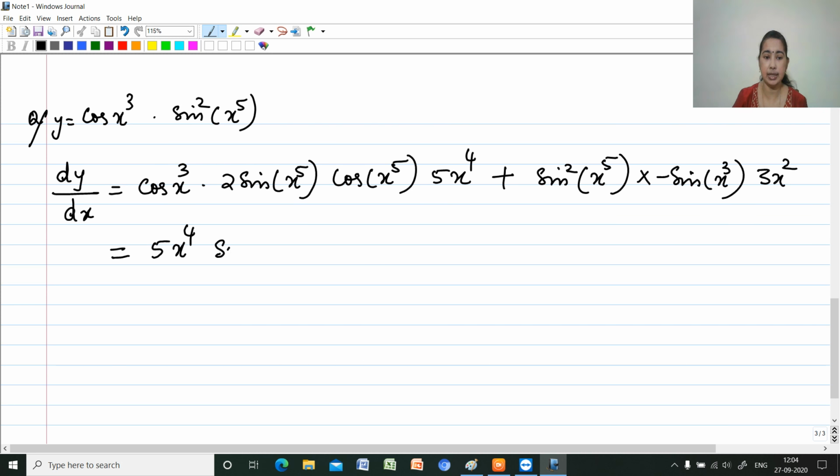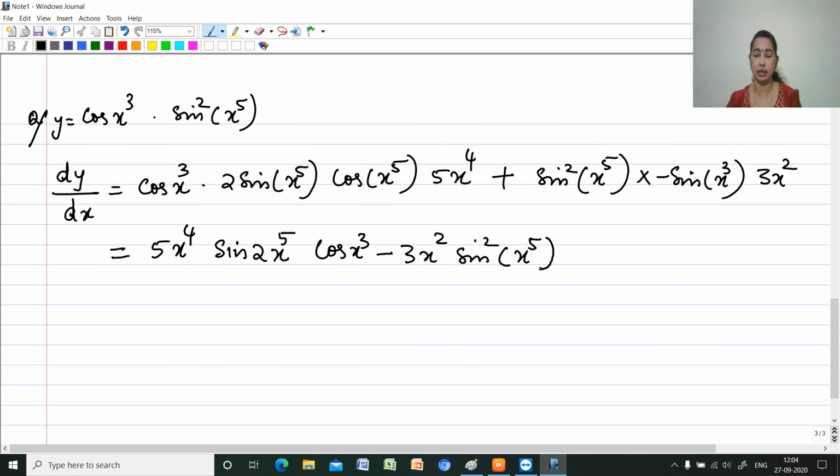So I can write this as sin(2x⁵) into cos x³, plus, then here one minus sign is there, so minus 3x² sin²(x⁵) into sin(x³). Again nothing is common in that, so we can keep the answer like that.